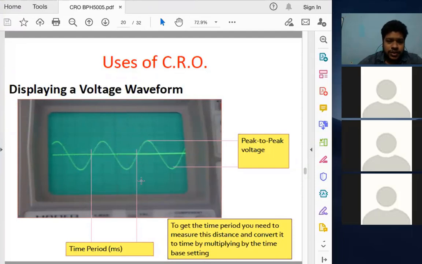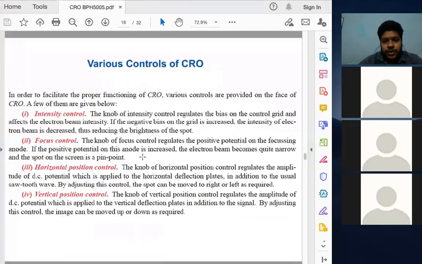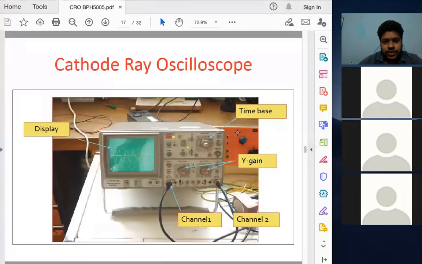So this is on the vertical axis. And then what is on the horizontal axis? We talked about this: it is time based. This is the screen which we see zoomed in from that picture.